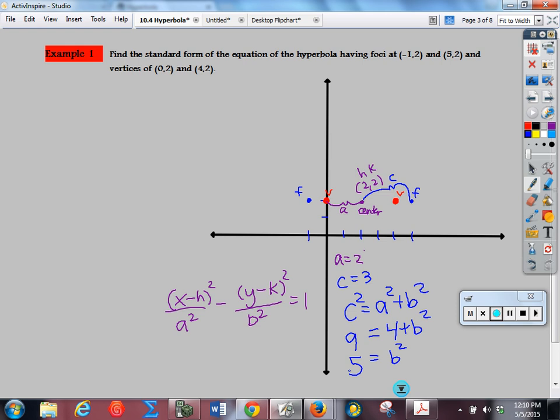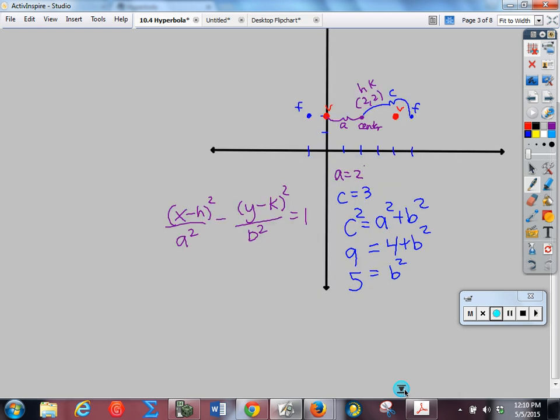So now you just have to write down x minus my h. What is the A? 4, 2 squared, minus y minus my k, 2.